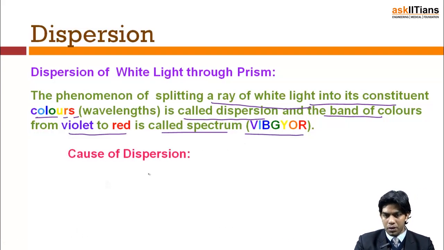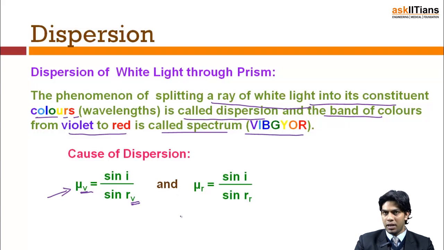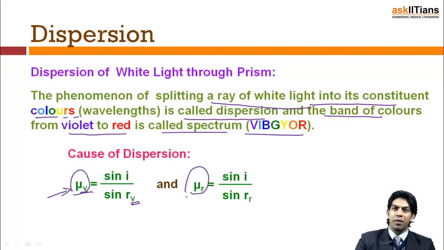The cause of dispersion is basically this: mu V is equal to sin i by sin r V. I will tell you about the suffixes over here, and mu R is equal to sin i by sin r R. Now mu V and mu R represent the refractive index corresponding to violet light and to red light respectively.